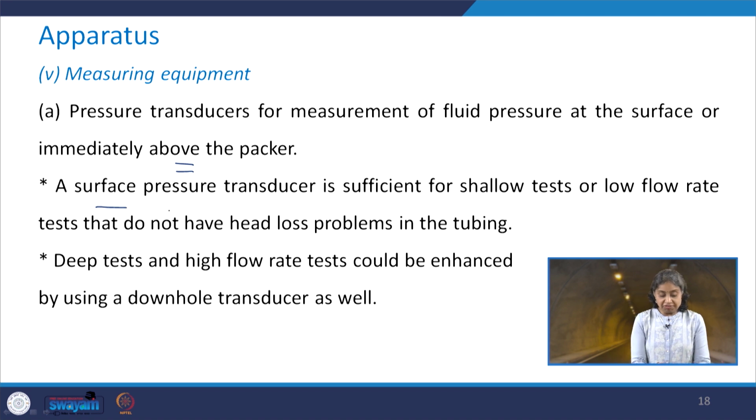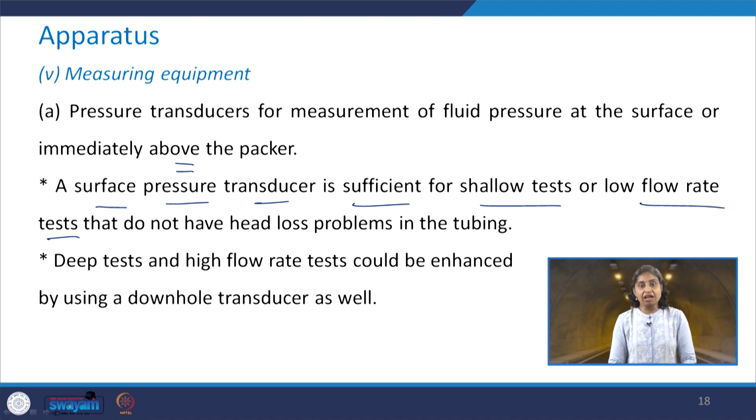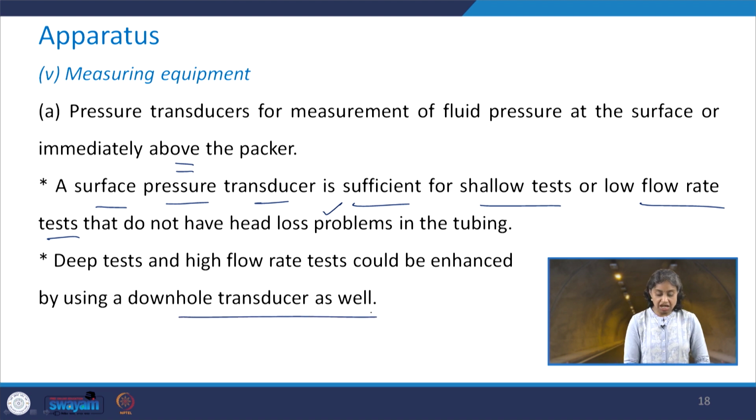So, a surface pressure transducer is sufficient for shallow tests or low flow rate tests which do not have the head loss problems in the tubing. Deep tests and high flow rate tests could be enhanced by using a downhole transducer as well.